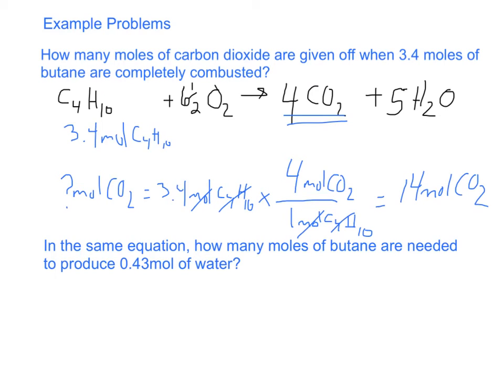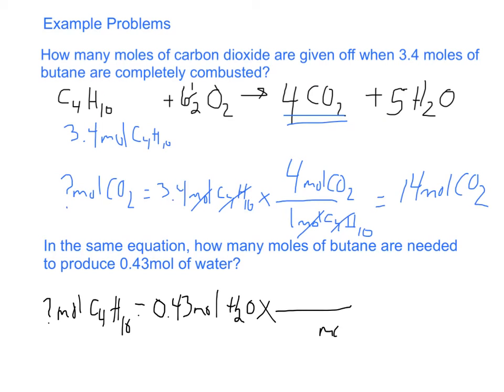All right, with the same equation above, we want to know how many moles of butane are needed to produce 0.43 moles of water. So we start with 0.43 moles of H2O and plug in our conversion factor. We want moles of water on the bottom and moles of butane, C4H10, on top.